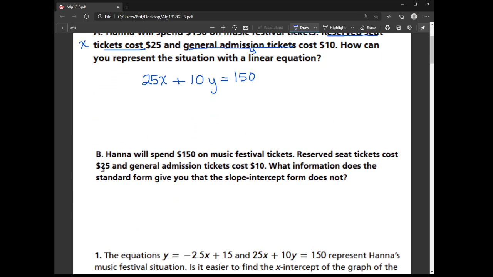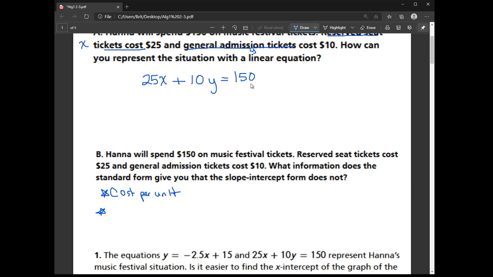So part B here, it says the explanation of the ticket cost, and then it says, what information does the standard form give you that the slope-intercept form does not? Well, the standard form tells you a couple things. It tells you the cost per unit in this case, although I would say kind of the amount per each x value and the amount per each y value, but I'll keep with cost per unit on this.